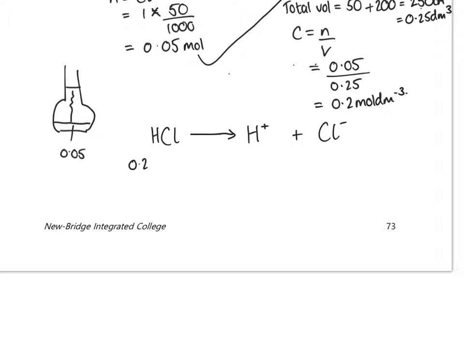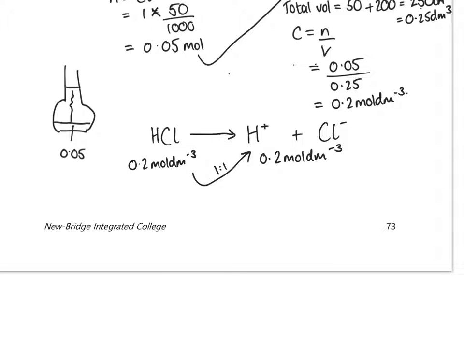So if I have a solution of 0.2 moles per decimeter cubed of my hydrochloric acid, that means in solution, because of my 1-to-1 ratio, the concentration of my hydrogen ions will be 0.2 moles per decimeter cubed. So it's very simple to work out the concentration of the hydrogen ions for a strong acid.